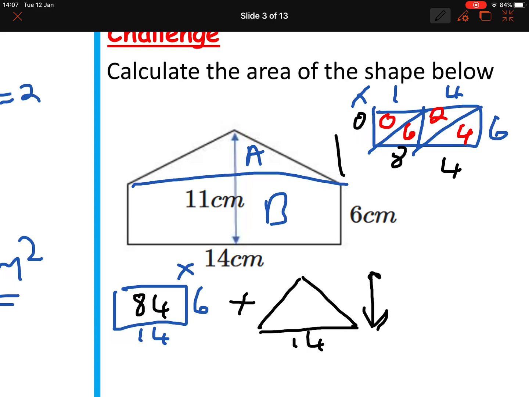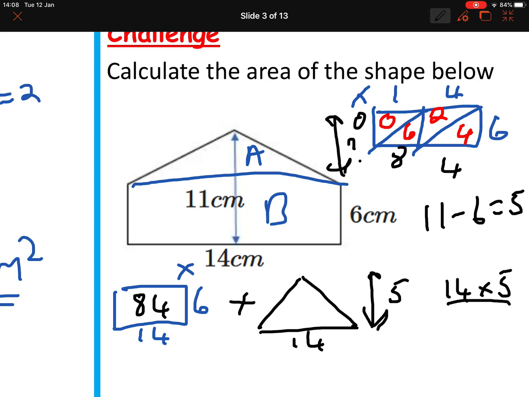And the height of the rectangle is 6 centimeters. So what we want to do is find what we need to add to 6 to get 11. All right, so that's the height that we want. So if we subtract 6 from 11, we get 5. So therefore the height of the triangle is 5.